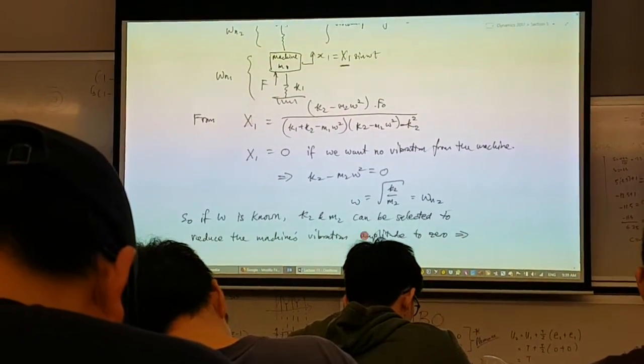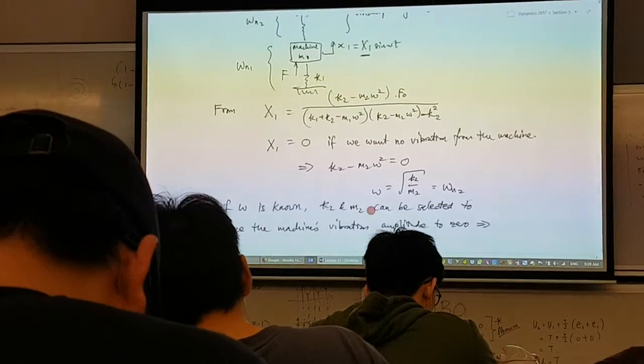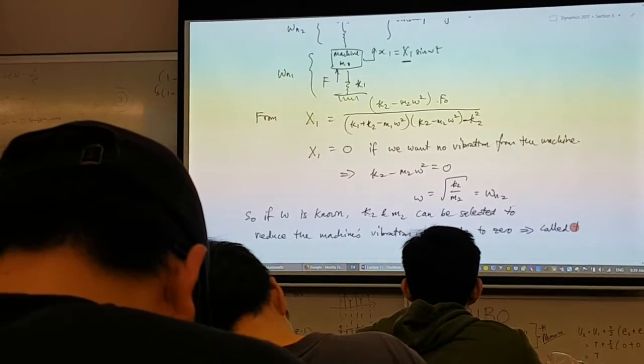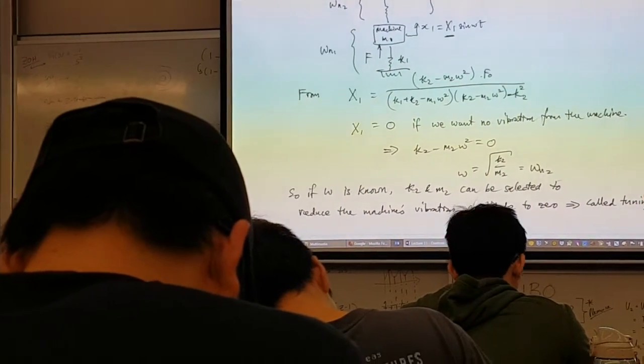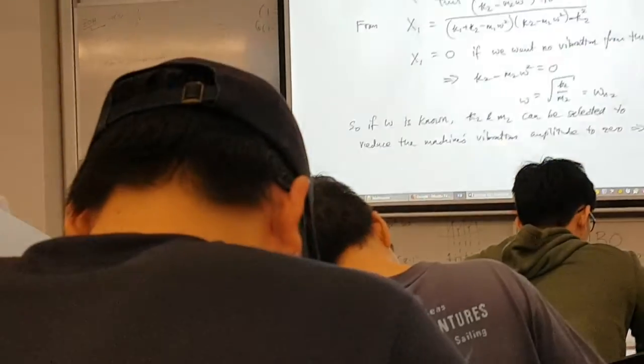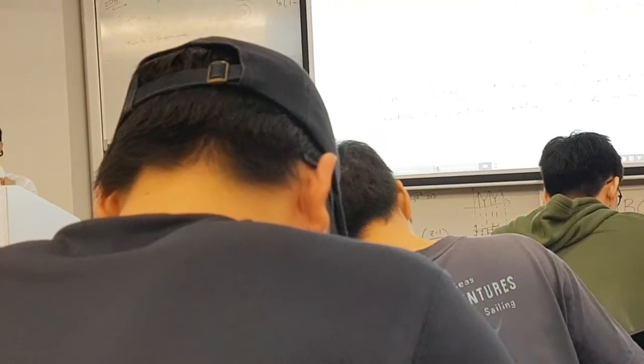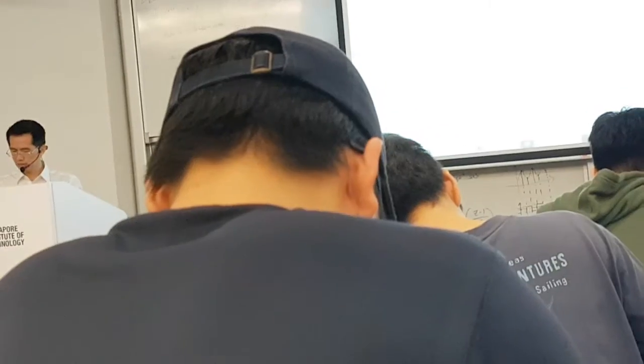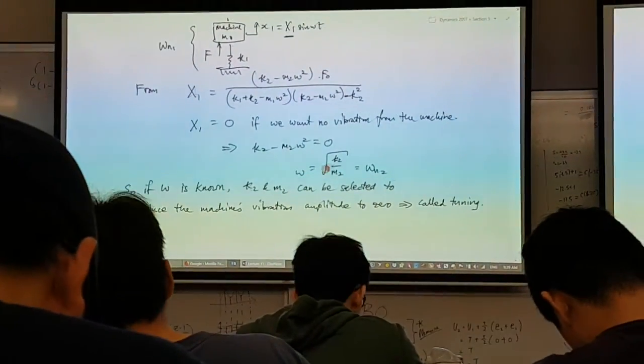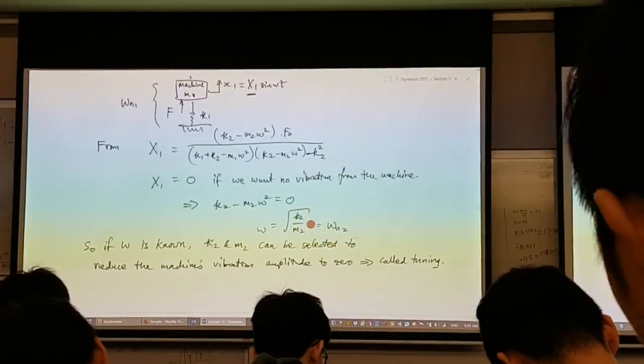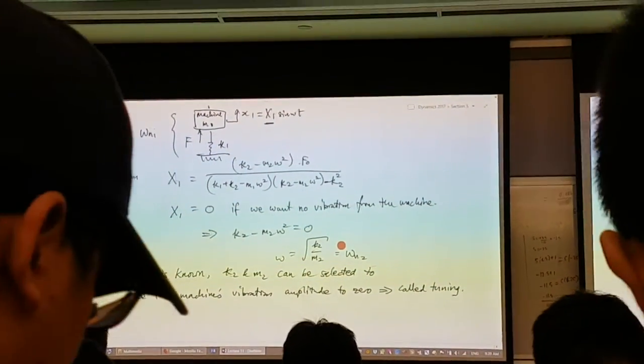And we call this process of selecting K2 and M2 tuning. So you tune your system such that your machine would result in 0 vibration, and then transfer most of that vibration to the second mass that you add on to that machine.